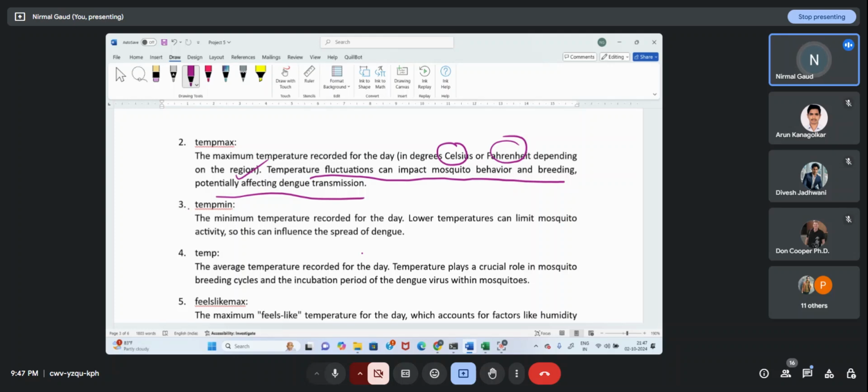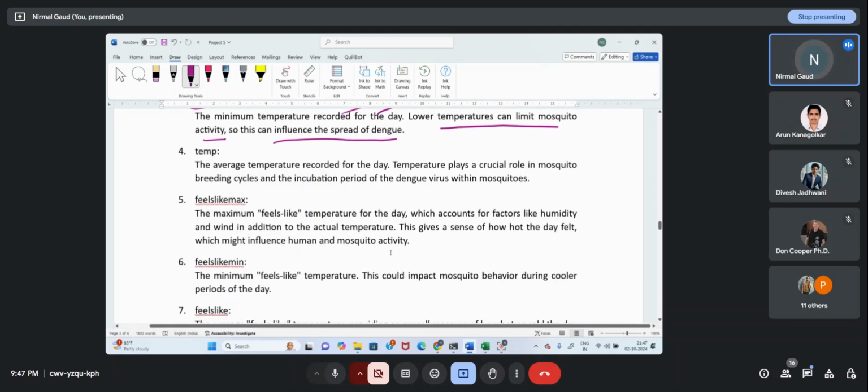We have the minimum temperature also recorded for the day. Lower temperature can limit mosquito activity, so this can influence the spread of dengue. Okay. If temperature is more, it is impacting, and if temperature is less, it is limiting the mosquito activity. Then we have one more column, temperature, that is the average temperature recorded for the day.